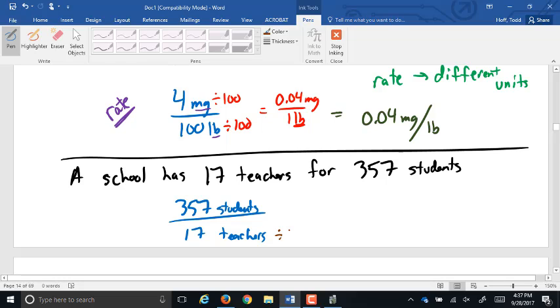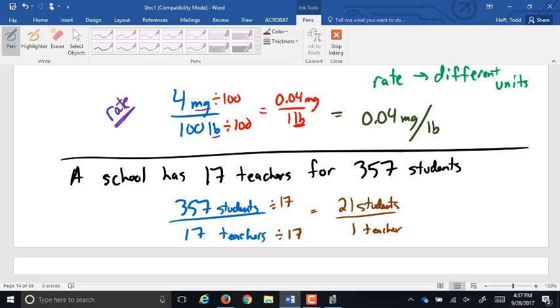If we divide out by 17, that is 21 students to one teacher. If it's a rate, you usually divide by the bottom number. Ratio, just reduce it like you would any fraction. Divide out what can divide into both numbers evenly.